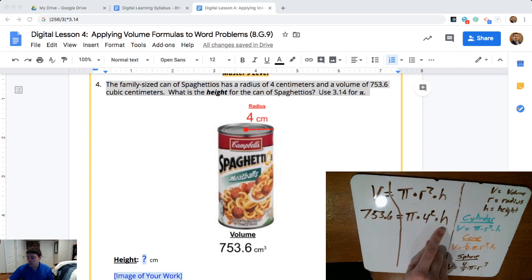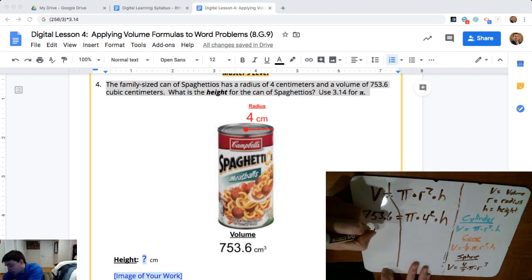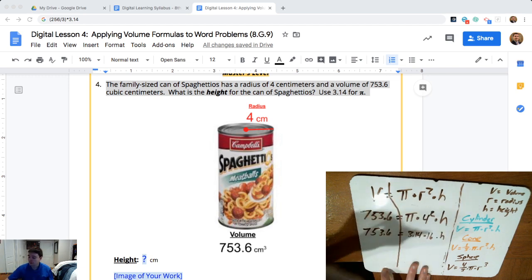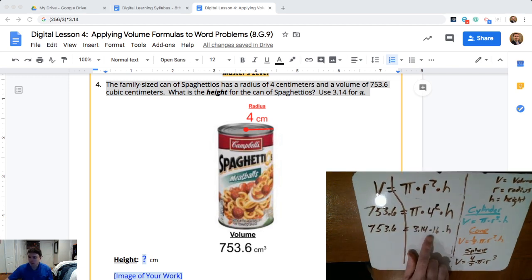The first thing I would do to solve this equation, if they've told me to use 3.14 for pi, is replace pi with 3.14, and I'm also going to do 4 squared, which gives me 16. So the equation has now changed after I substitute to say 3.14 times 16 times h on the right side of the expression.